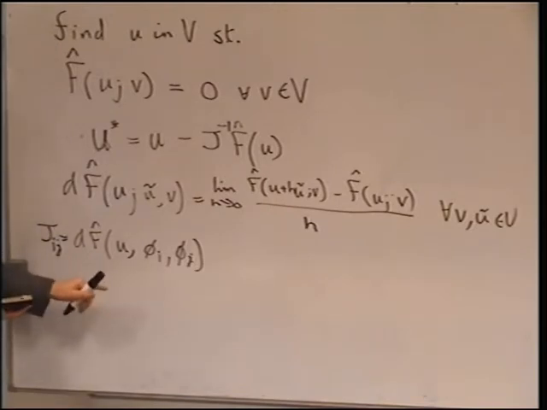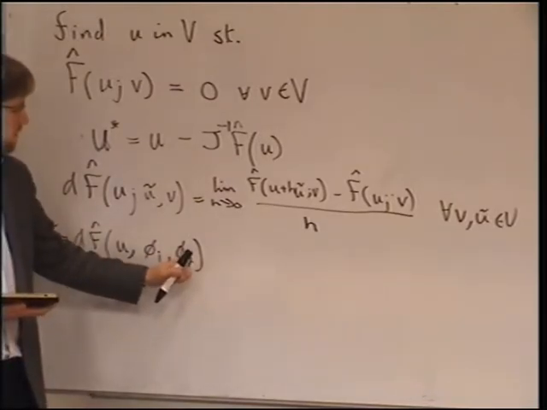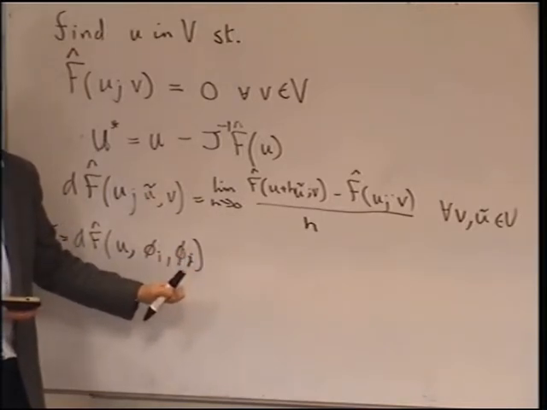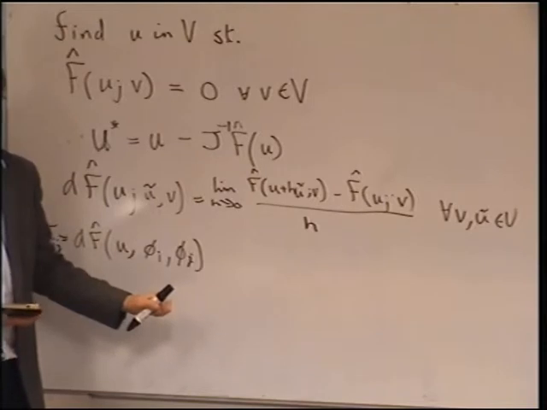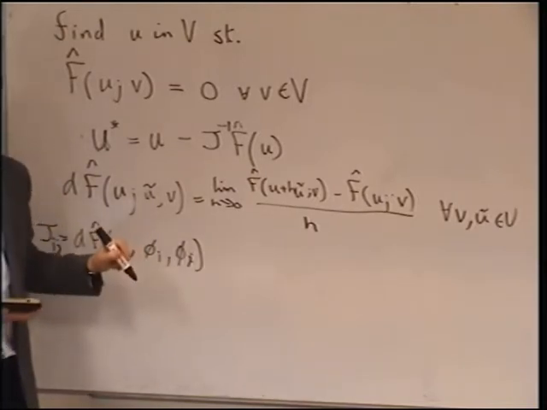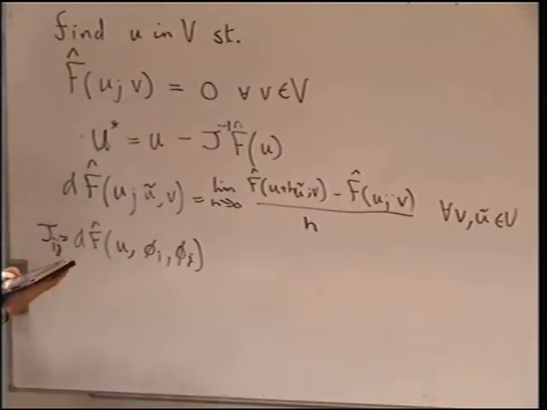So I'm not going to worry about what this derivative is if phi j is in the interior. That's not a problem because that's what we did last week. But we have the case where phi j is on the boundary, and on the Dirichlet boundary. And so what happens in those circumstances?